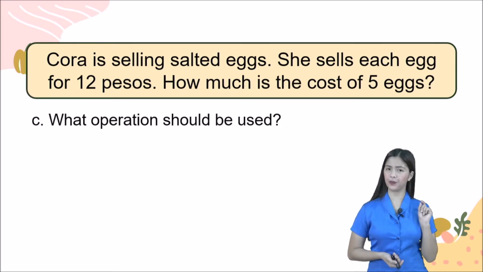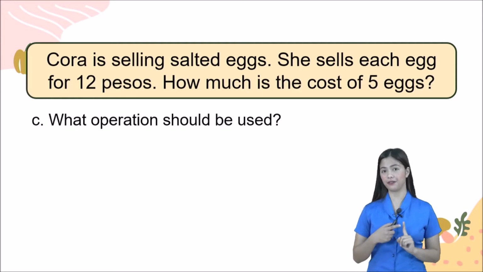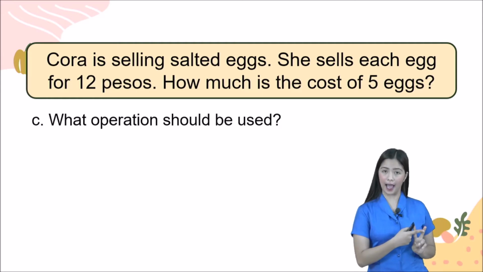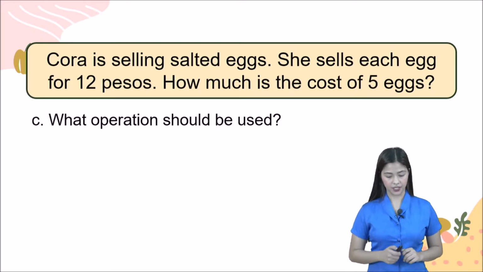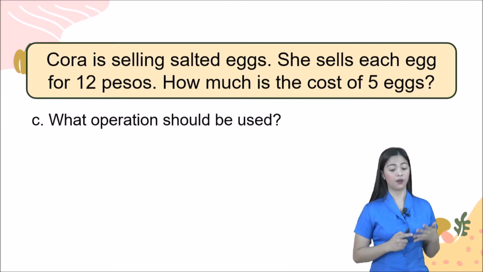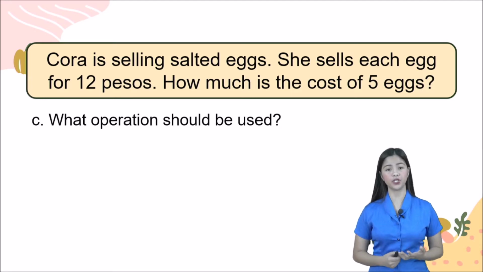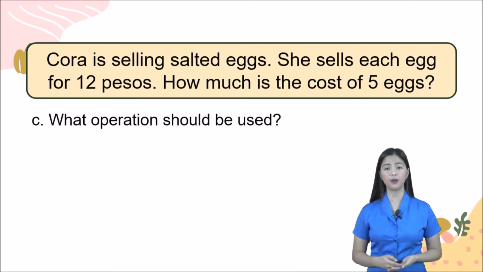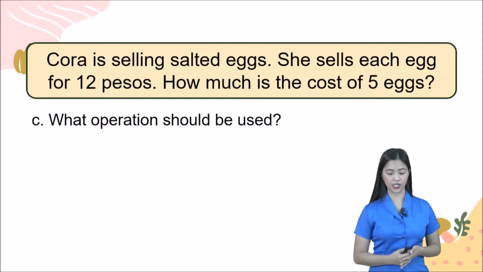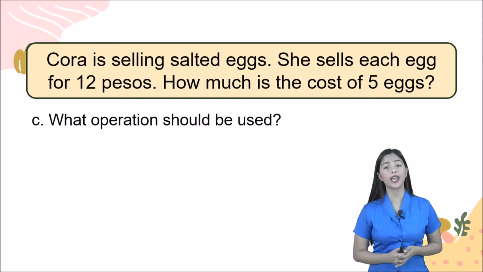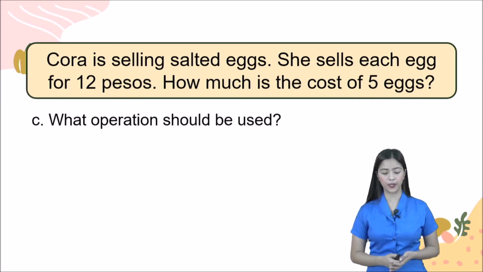So now, let's find the operation that we need to use. Finding the operation to be used in our word problem is very important, because when we find the correct operation, we are able to solve our problem.